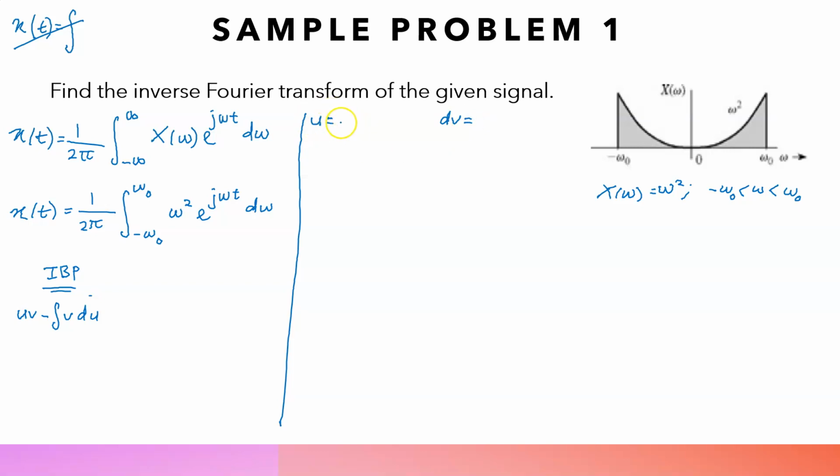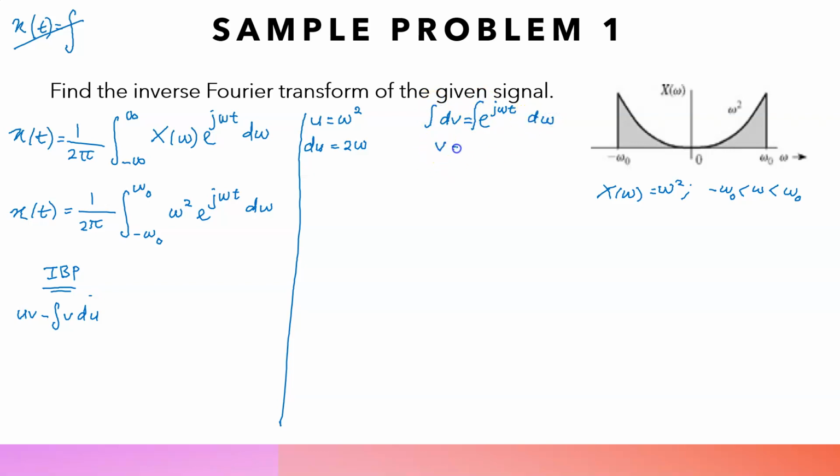So let's say for this one I choose omega square as u, and dv is e^(j omega t). Here you want to differentiate, so du you will have 2 omega, and this one you want to integrate with respect to d omega.